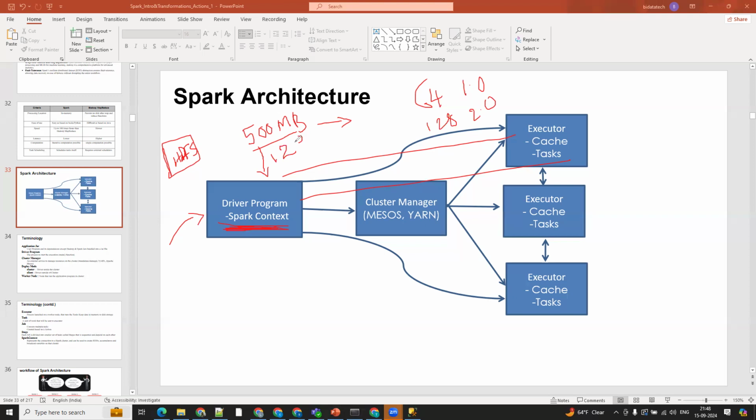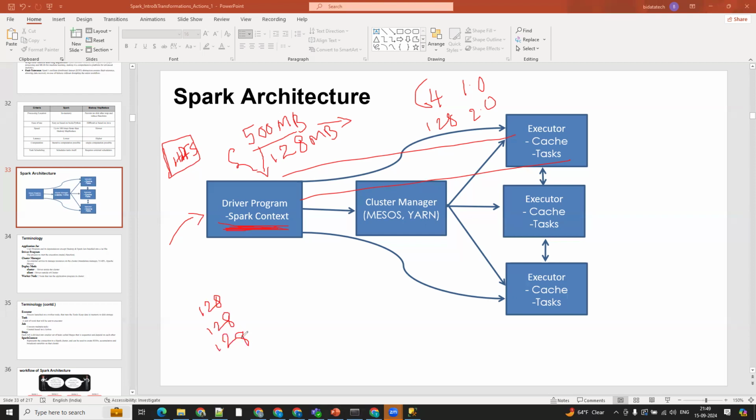Now it will try to divide this 500 MB by 128 MB. How many partitions is it going to create in total on this data? One 128 MB block will be created, another 128 MB block, another 128 MB block.